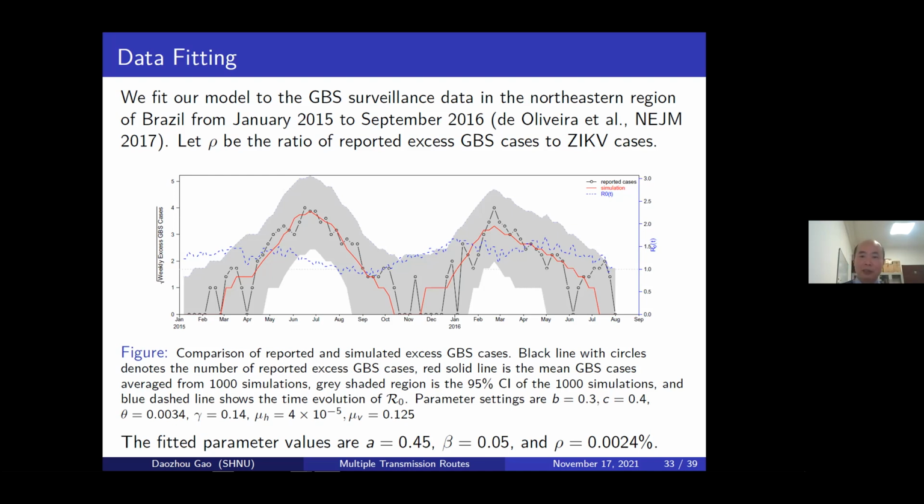But for Zika, only 20% of infections are symptomatic, and the symptoms are usually mild, or there are no symptoms. I see. Okay.